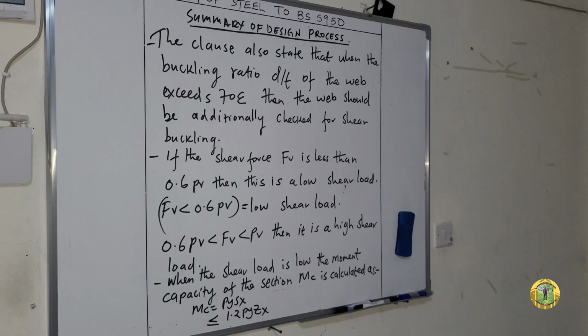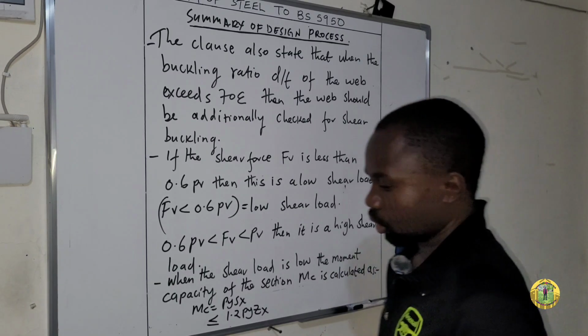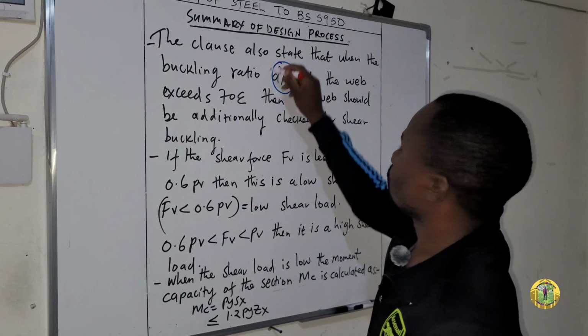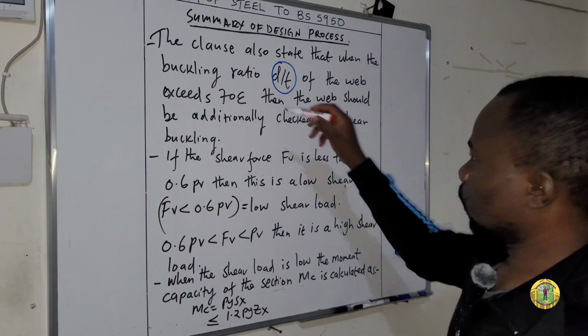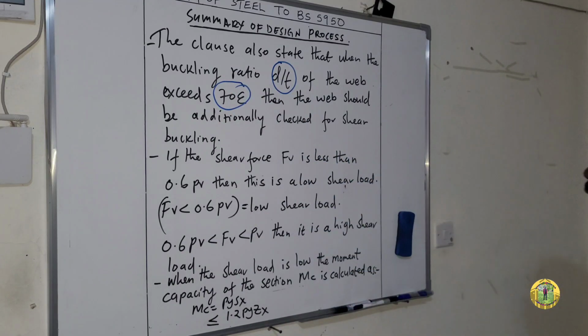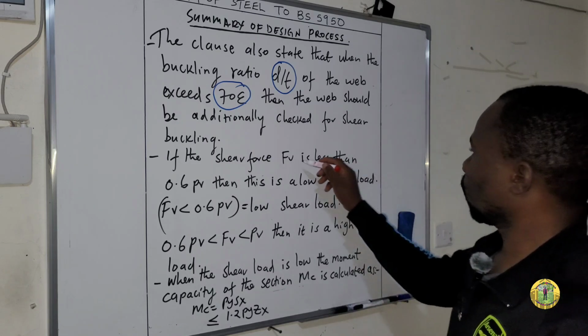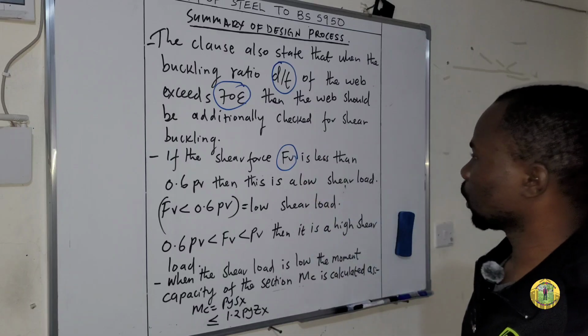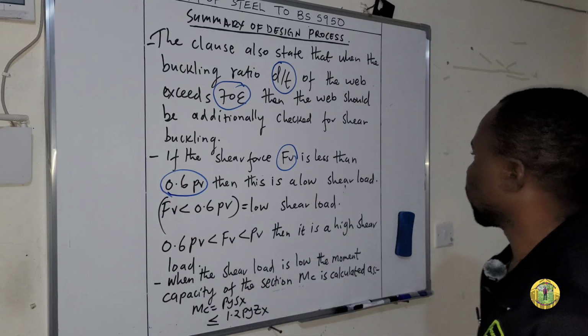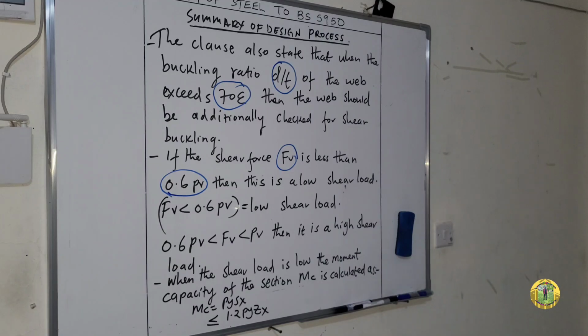The clause also states that when the buckling ratio d over t of the web exceeds this value, then the web should be additionally checked for shear buckling. If the shear FV is less than 0.6 PV, then this is a low shear load.